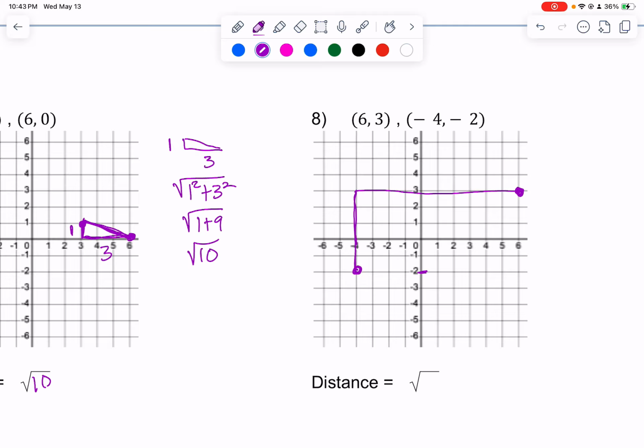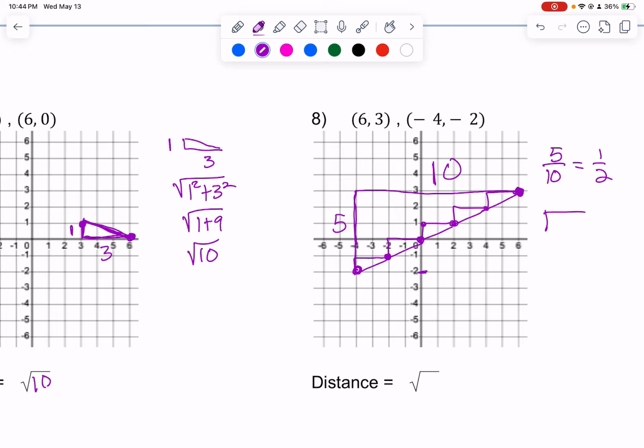So this has a rise of 5 and a run of 4 and 6, which makes 10. So I have a 5 over 10 slope, but that could be equal to steps of 1 over 2, or 1/2. So I'm going to go 1 over 2, up 1 over 2, up 1 over 2, up 1 over 2, and up 1 over 2. And it looks like I have 1, 2, 3, 4, 5 of those.